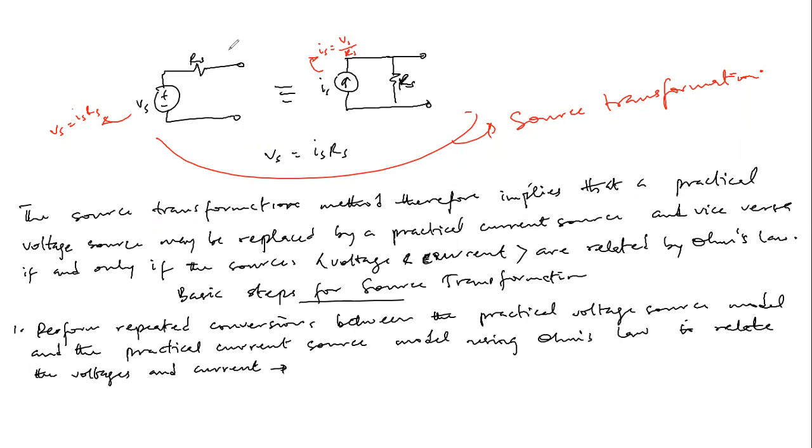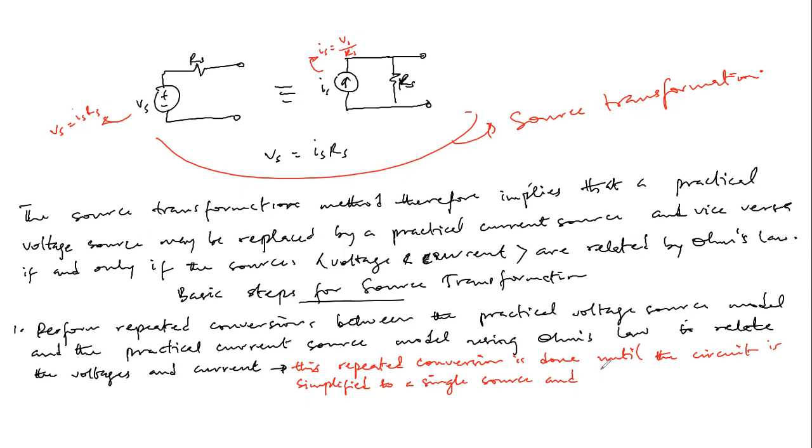So this repeated conversion is done until the circuit is simplified to a single source and a single resistor.